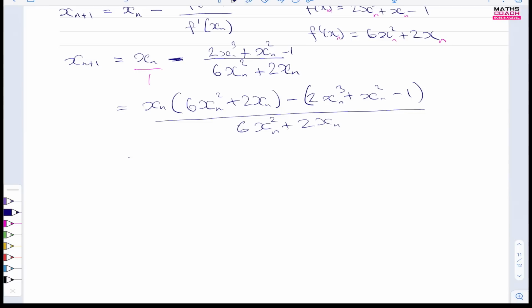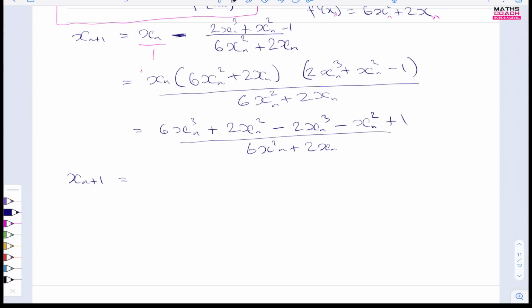If we expand the bracket, we get 6xn to the power 3 plus 2xn squared minus 2xn to the power 3 minus xn squared, and then plus 1 over the same denominator.